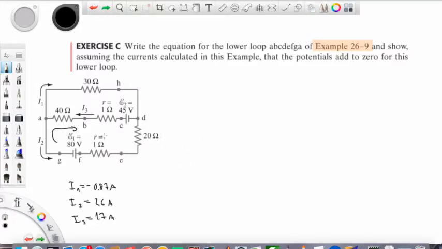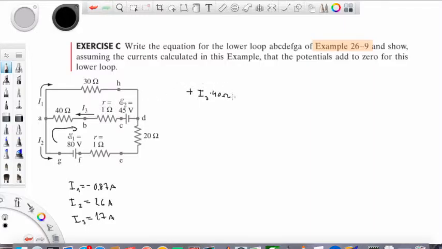Back to our case, we want to start from point A and then go clockwise in this loop. As we do that, the first obstacle we encounter is this 40 ohm resistor. Because we're going against the current, the potential will rise. So we have plus I3 times 40 ohms going from A to B. Then going from B to C, again we go against the current, which is the same I3.